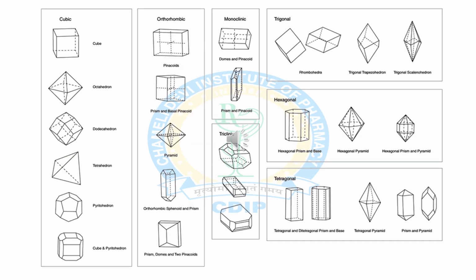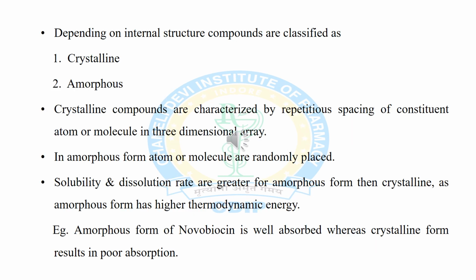In this figure, we can see different structures of crystal like cubic, octahedron, orthorhombic, monoclinic, trigonal, hexagonal, and tetragonal structures of crystal. Depending on internal structure, compounds are classified as crystalline and amorphous. Crystalline compounds are characterized by repetition and spacing of constituent atoms or molecules in a three-dimensional array.